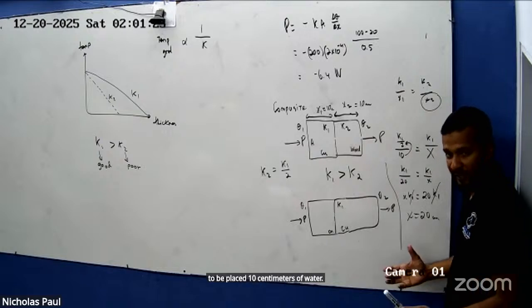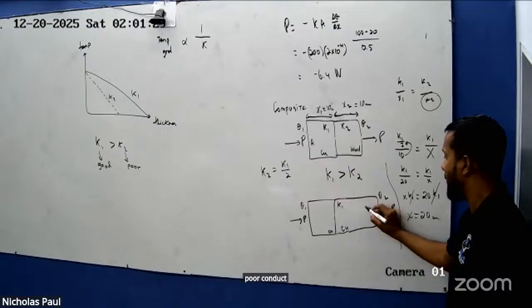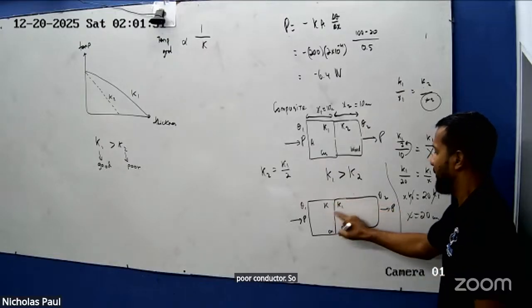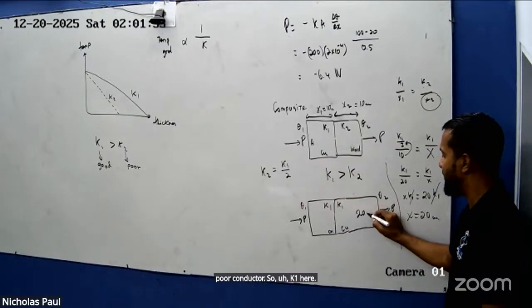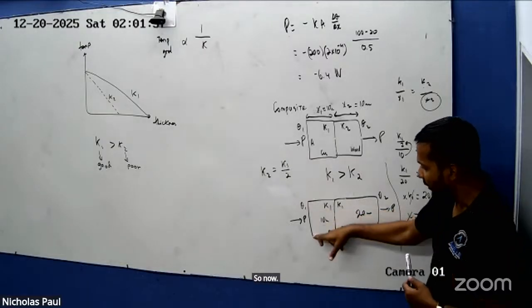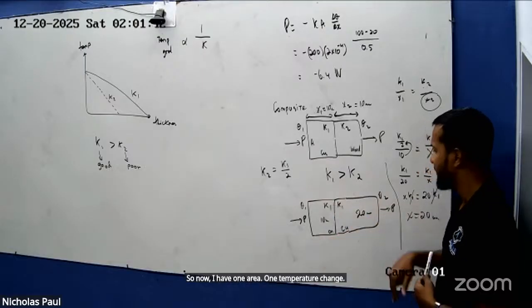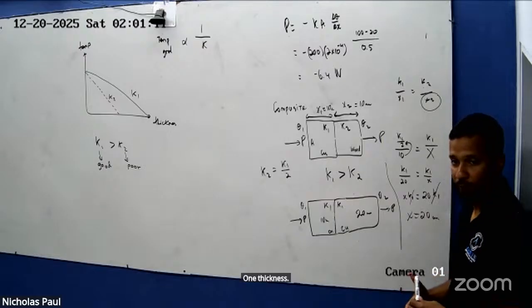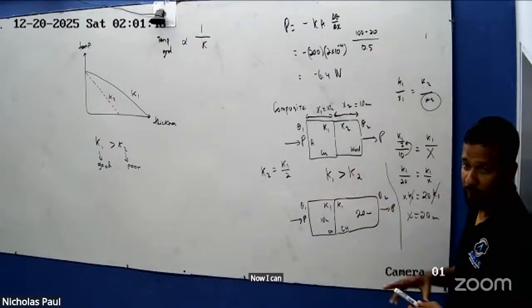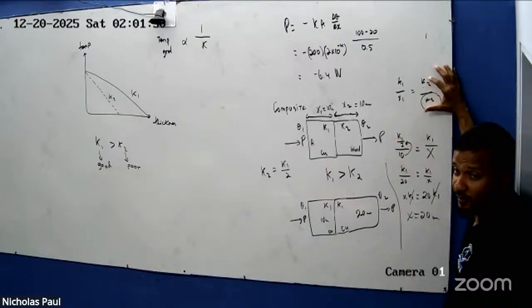It makes sense because I need more to replace a poor conductor. So I have K1 here, 20 centimeters, and this is 10 centimeters. Now I have one area, one temperature change, one thickness, one K1, and I can apply it here. Are you okay with how to use this?